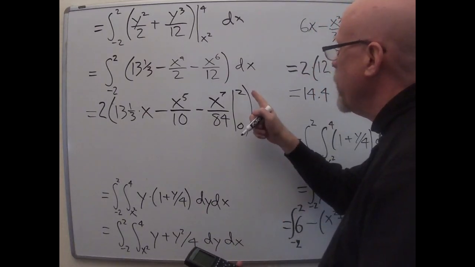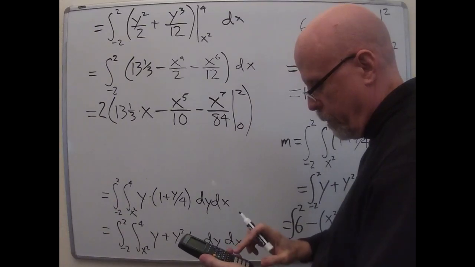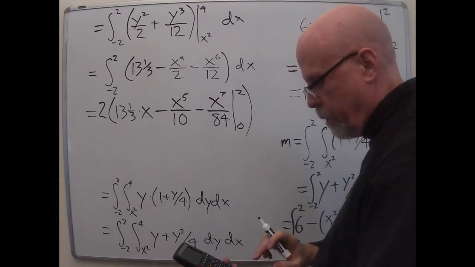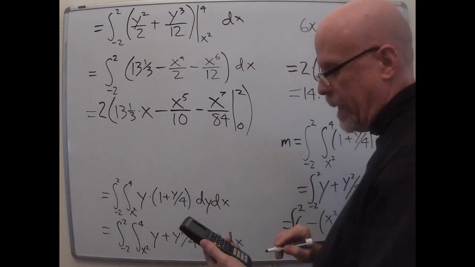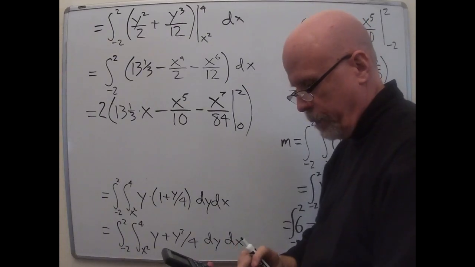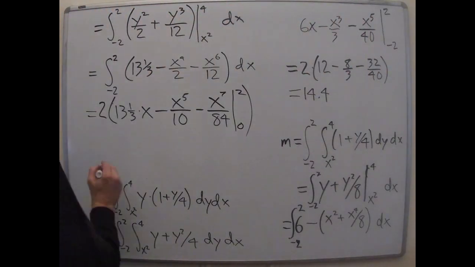And then we subtract 2 to the 7 over 84. .94, but then we didn't double it yet, so we need to times 2. 43.8857. I'm just going to leave it at that.